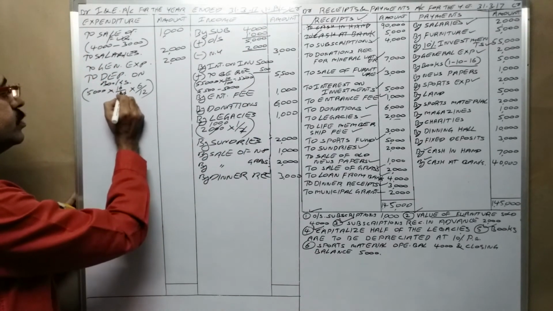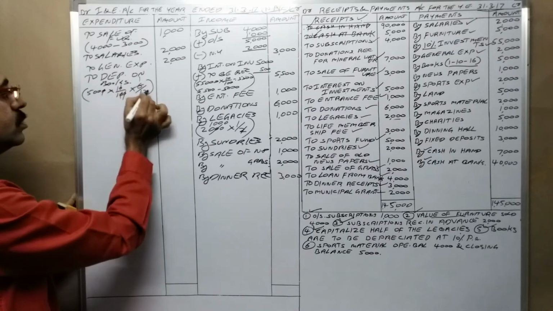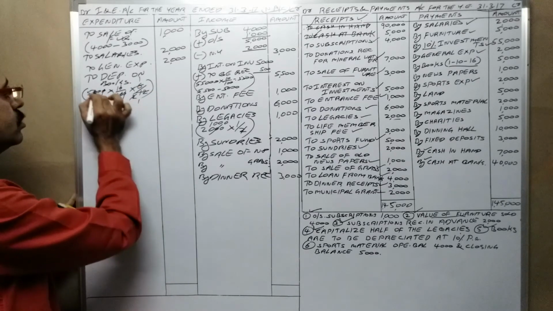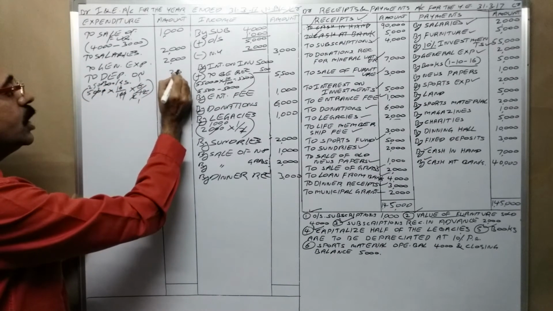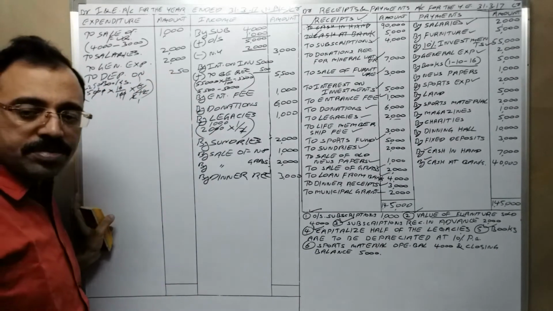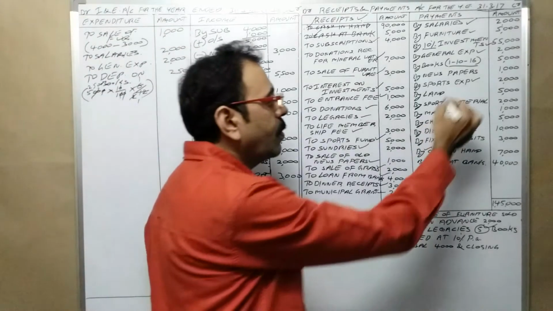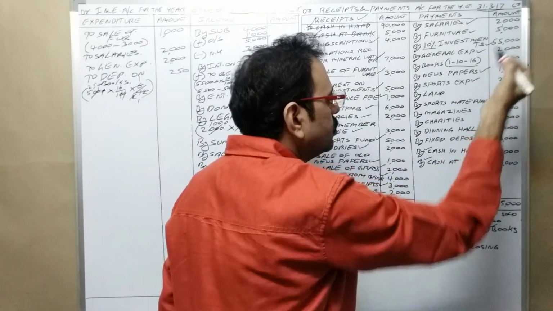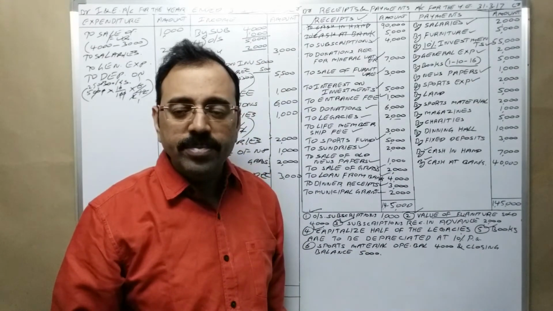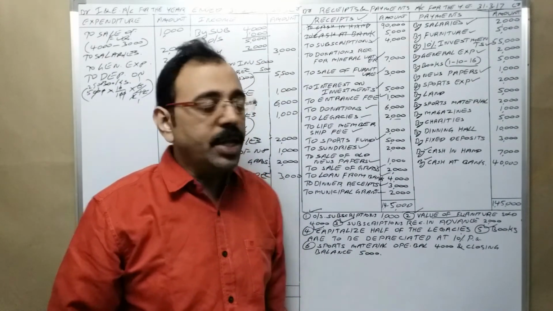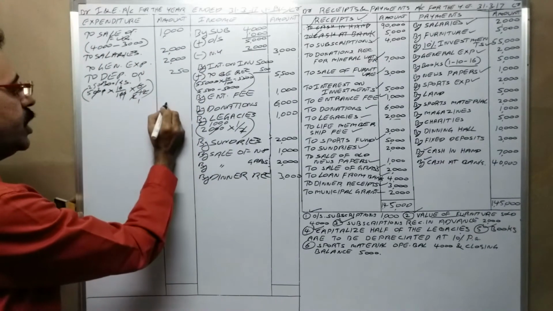Then ₹250 is the depreciation. Next, newspapers. Newspapers regularly we buy. So it is a revenue expenditure. It is to be debited.